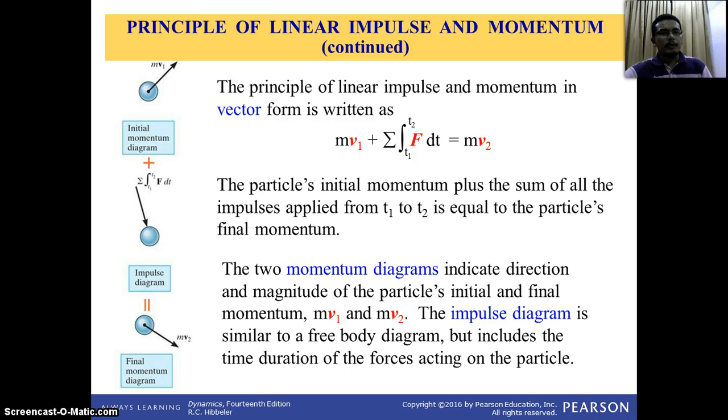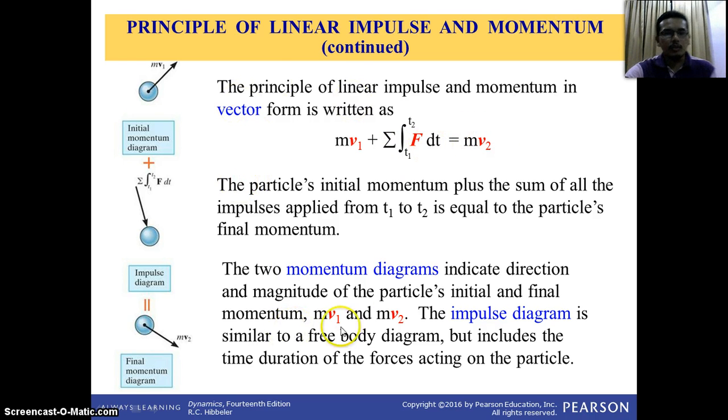The principle of linear impulse and momentum in vector form can be written as mv1 plus the summation of the integral of F dt from t1 to t2 is equal to mv2. v1 is the initial velocity, v2 is the final velocity. So the particle's initial momentum plus the sum of all the impulses applied from t1 to t2 is equal to the particle's final momentum. So mv1 is the initial momentum, mv2 is the final momentum.